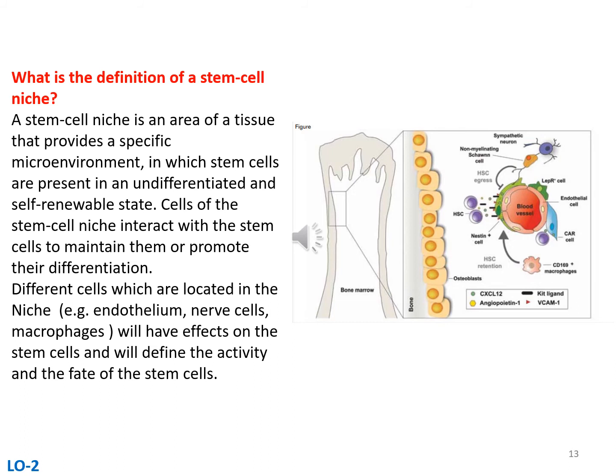It's an area of the tissue that provides a specific microenvironment in which the stem cells are present in an undifferentiated and self-renewable state. Cells of the stem cell niche interact with the stem cell to maintain them or to promote their differentiation.